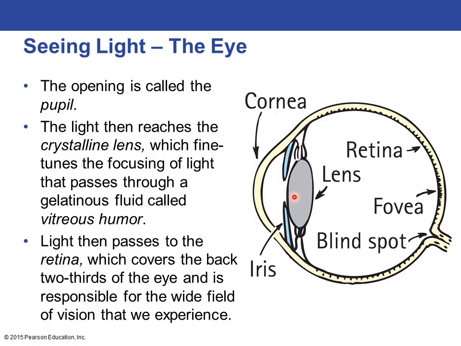But either way, once the light moves through the lens, it passes a gelatinous fluid called the vitreous humor, so in this section here, and the light will then pass to the retina, and this covers the back 2/3 of the eye and is responsible for the wide field of vision that we experience.